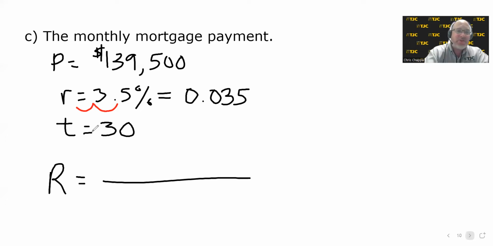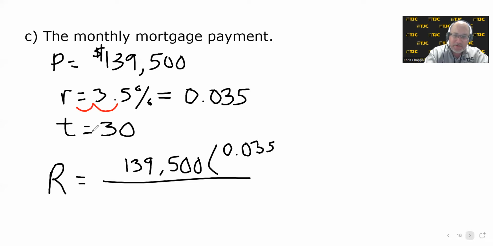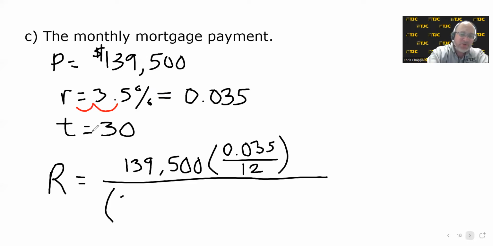In the numerator, we start with the principal, so 139,500, and then we multiply that by the interest rate as a decimal, 0.035, divided by 12 because we're doing monthly. In the denominator, we'll have an open parentheses, the number 1, minus another open parentheses and another number 1.